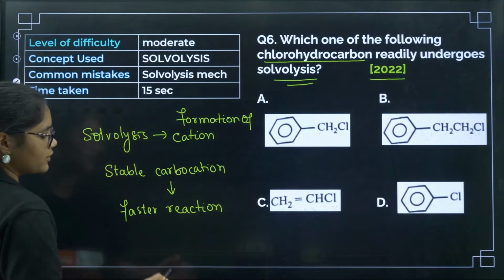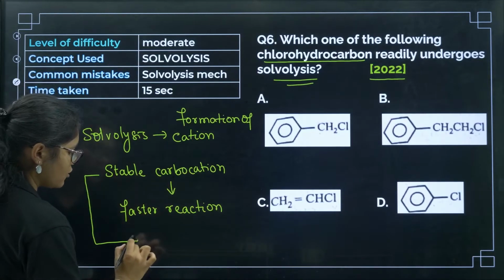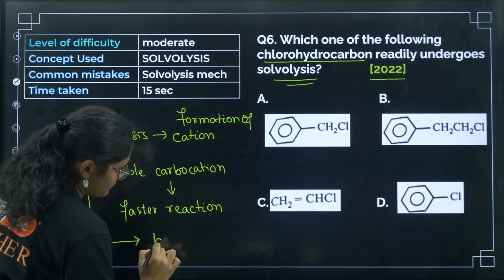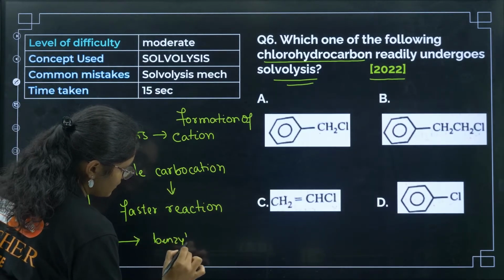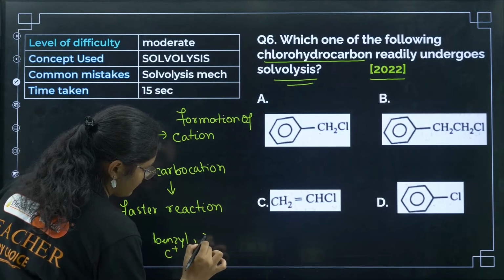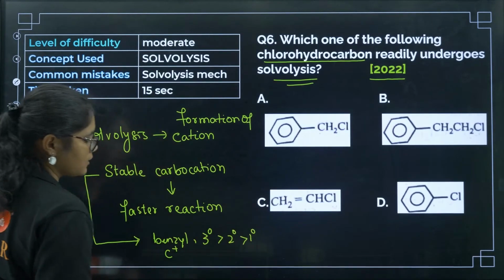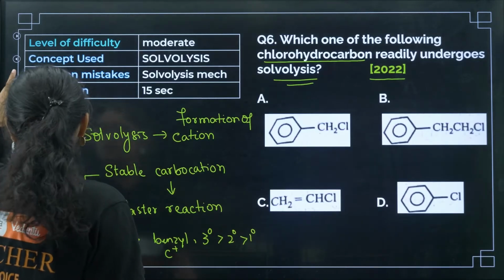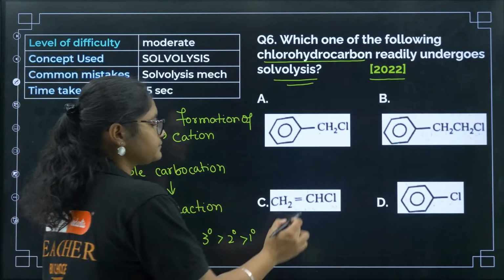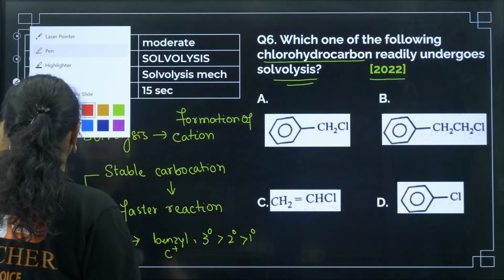Okay, and what is the order of stability of carbocation? Order of stability of carbocation, first is your benzyl carbocation. Okay, next we have 3 degree, then 2 degree and then 1 degree. Now how to first find out the carbocation?